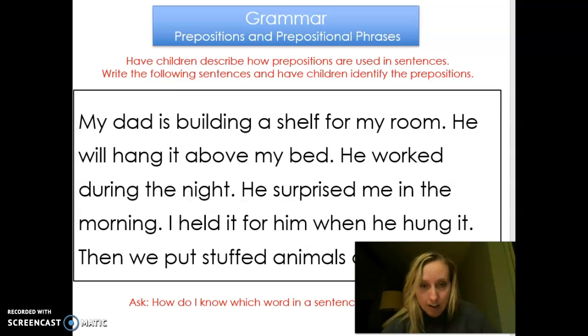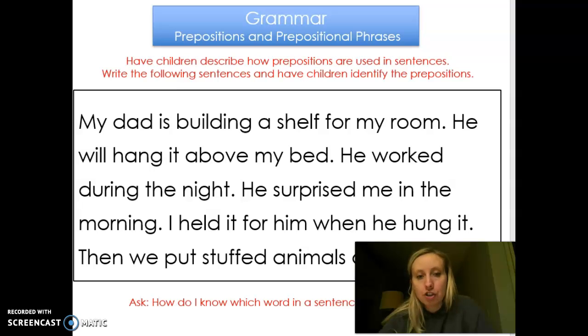It's a thing. Shelf is a thing. Building is a verb. Dad's going to build it. And for is my preposition. So they're building it for his room or her room, whoever's room it is. Okay, here we go. He will hang it above my bed. Where? Above. So above would be my preposition.